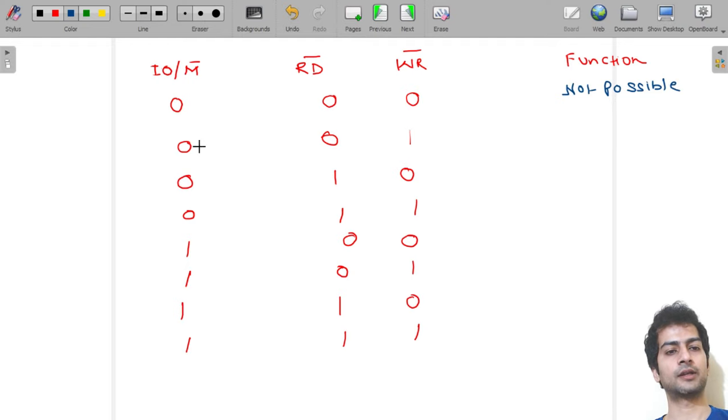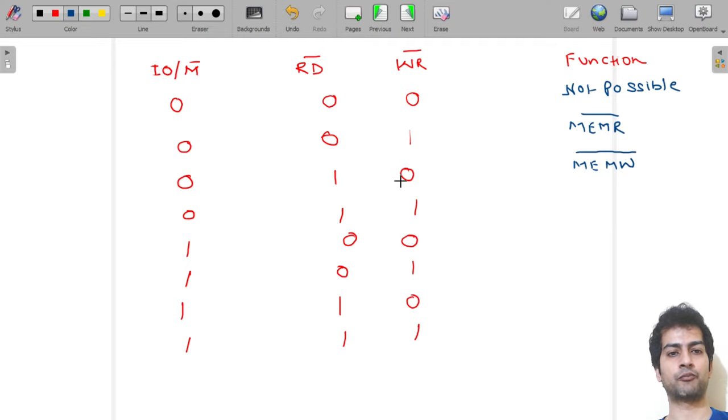Now coming to here, again we are dealing with memory, and we are reading it. The write is 1, so write will be disabled. So it is a kind of memory read function. Now coming to this, it will be a kind of memory write function.